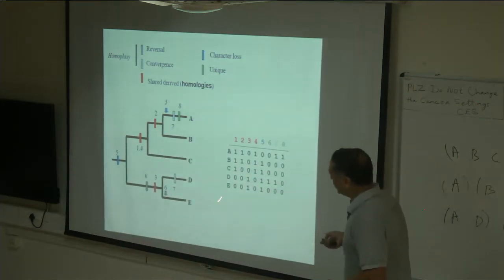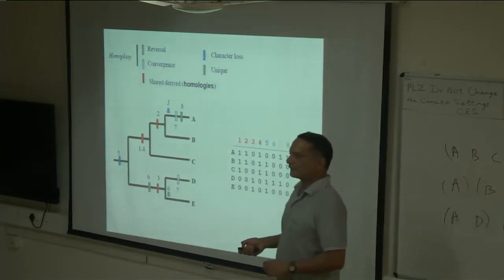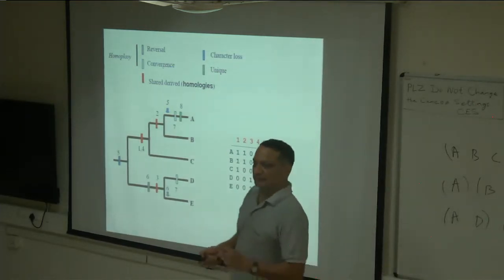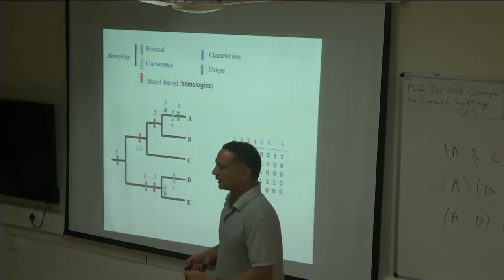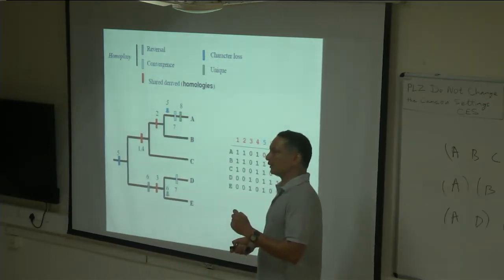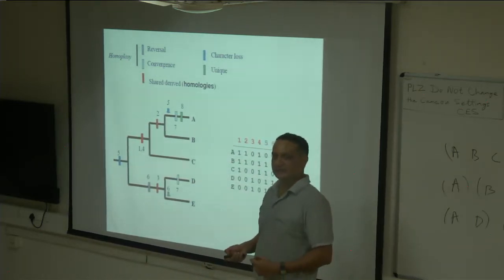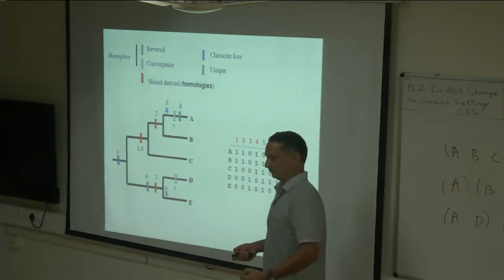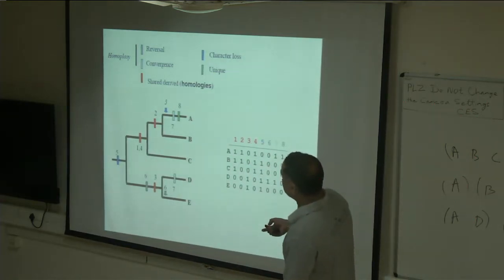And in phylogenetics, what we do is we count up the number of changes to figure out the most parsimonious solution, the most parsimonious tree. Okay? How are we doing that?